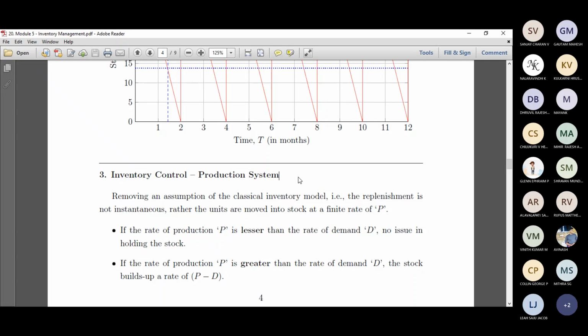In production, if you produce more than what you could sell, then a shortage or stockage of items happens. That product gets stagnant in your market or in your factory for quite a long time. Then you need to find another mechanism, like giving a discount for the product to sell. A typical example is the clearance sale.